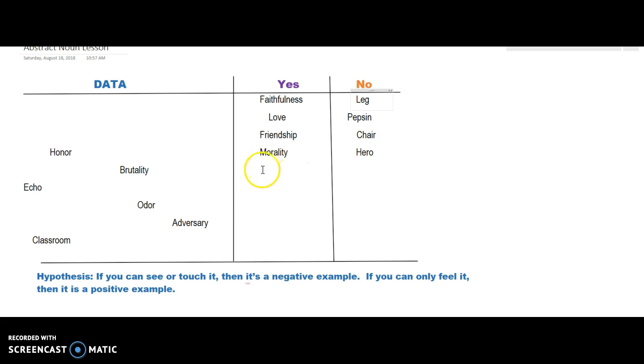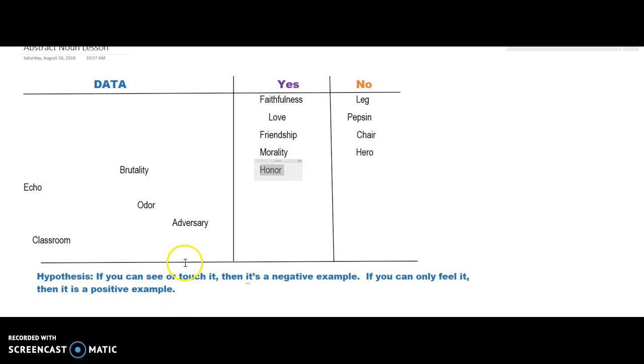Let's see. Let's do honor. Honor. I can't see it and I can't touch it, so it can't be a negative example. But I don't really feel honor. I can feel honorable, but do I feel honor? Maybe. It is a positive example.